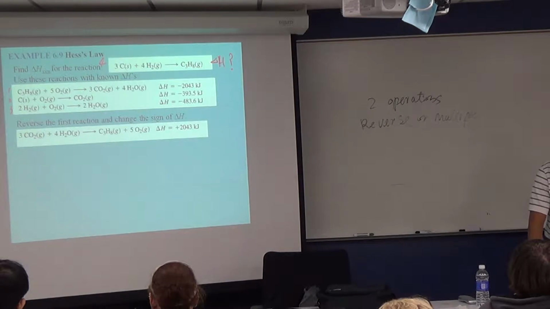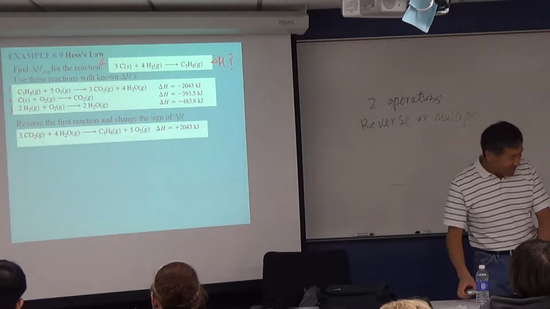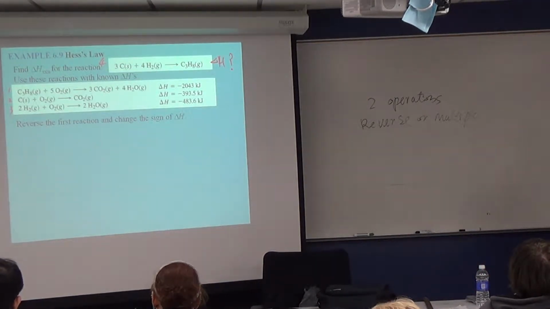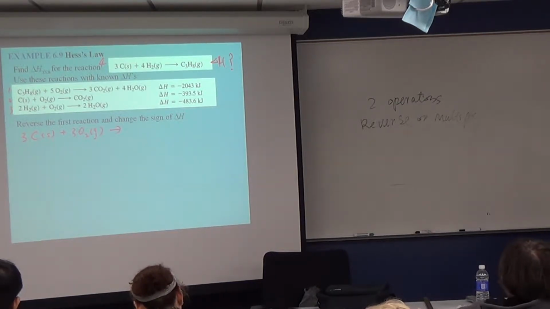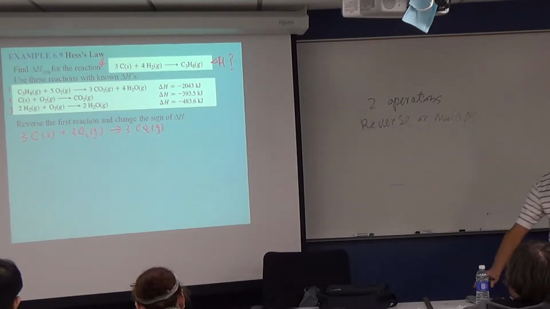I did the other thing first and forgot to change that. But anyhow, let's say we multiply equation 2 by 3. What that means is you will have 3CS plus 3O2 gas producing 3CO2 gas. That's what we mean by multiply.